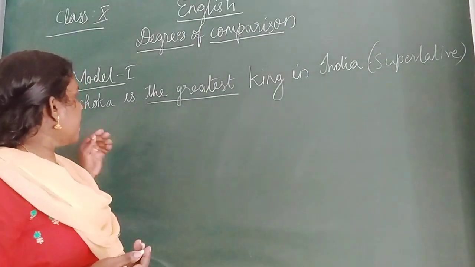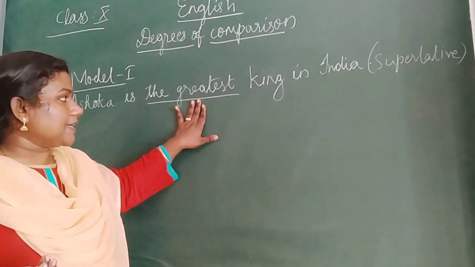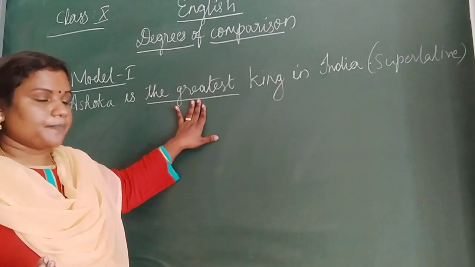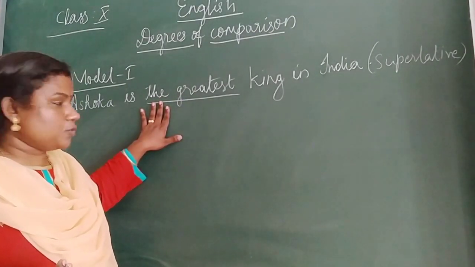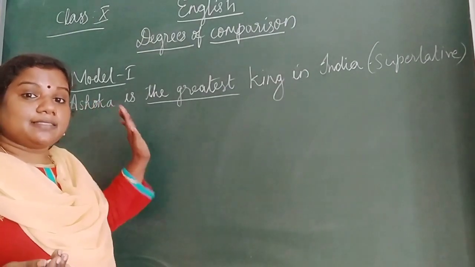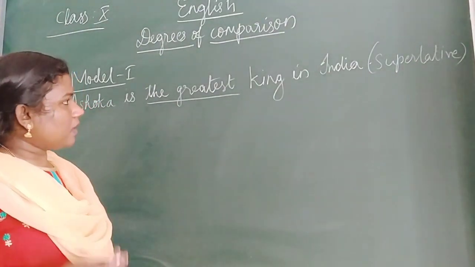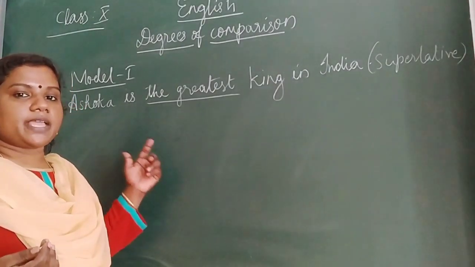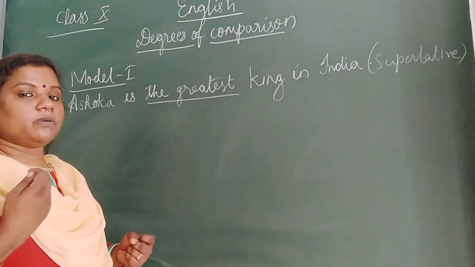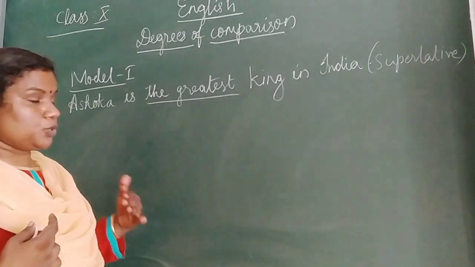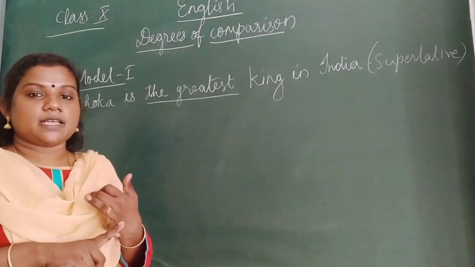Here great is the adjective, and we make greatest. So we can easily identify that this sentence is in the superlative degree. How can we change it into the two other degrees? One is the comparative form, and one is the positive form.